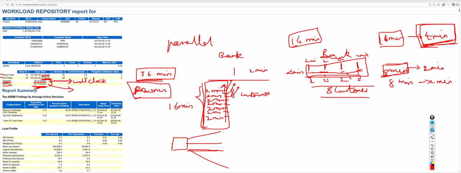Okay, but you need to calculate the actual time taken by each and every parallel worker, right? Similar to how you calculated here. Even though it took only 4 minutes in total for serving 8 customers, each person took 2 minutes.